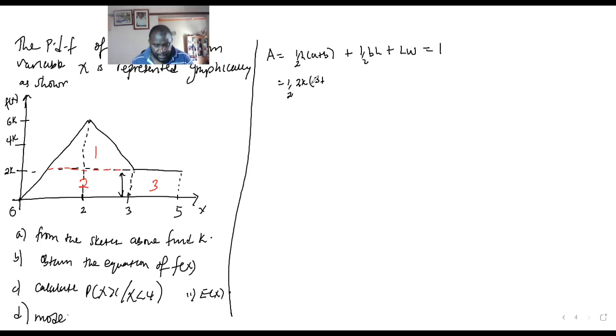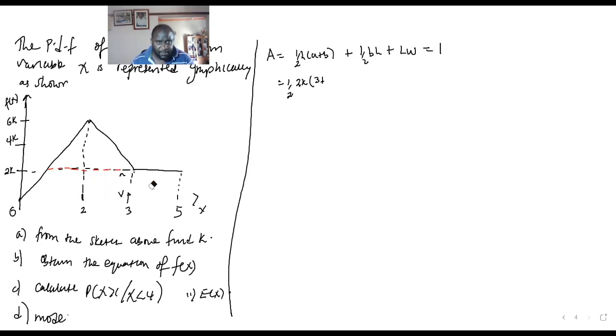we cannot estimate B. Okay, there's another option. I cannot estimate that B because this point is not known.